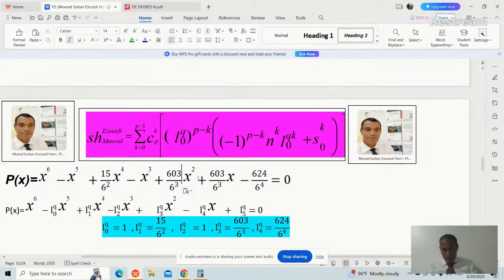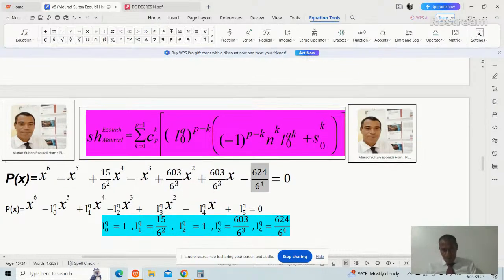And this one comes here, Mr. Murad, minus L4. L4 is positive, so here minus 624. This is 6 raised to the power 4. Plus what? Plus 0. Plus L4. L4 is 0. Plus L5 is 0. Plus 0. Okay.